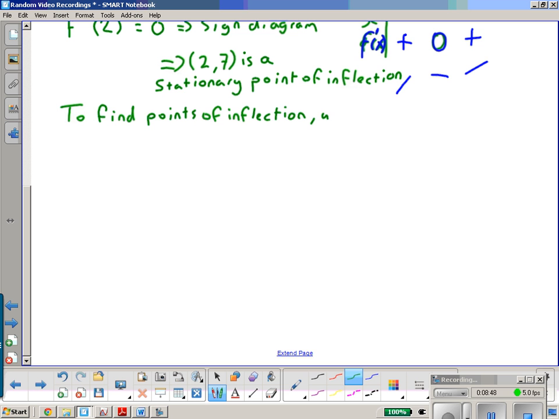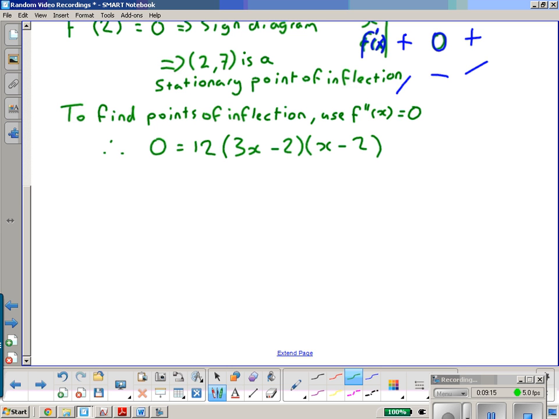We use f double dashed of x is equal to 0, and this is when it changed from concave up to concave down. So if we look back to our f double dashed, we have 0 is equal to 12, and we use the factorised form, which was 3x minus 2, x minus 2.